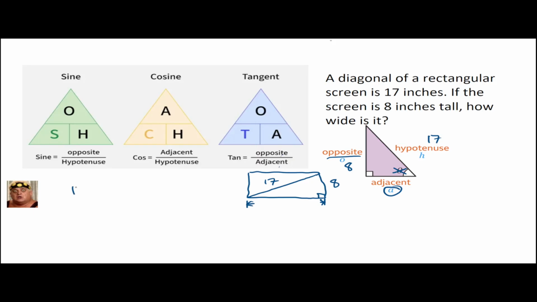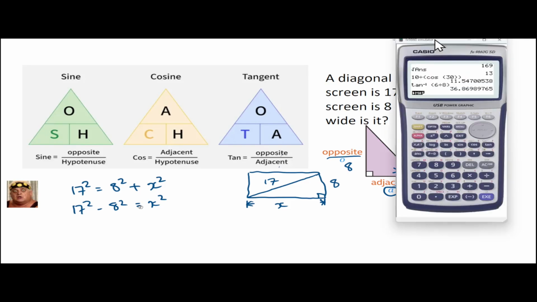So 17 squared is going to be equal to 8 squared plus, and let's just call this x. Now it's an algebra problem. Now it's no longer really a trigonometry question. It's an algebra problem. 17 squared minus 8 squared is x squared, and I'm going to put that in the calculator. I'll do it all in one go, I think.